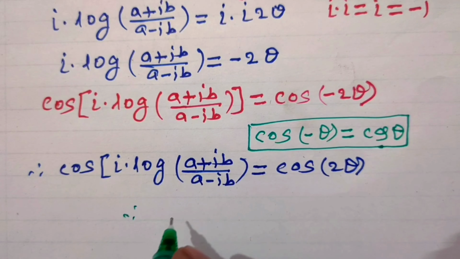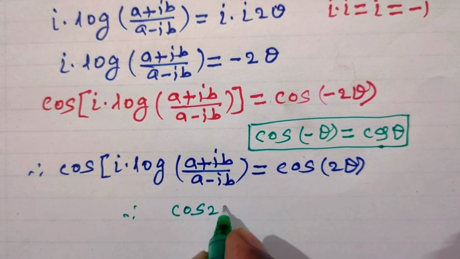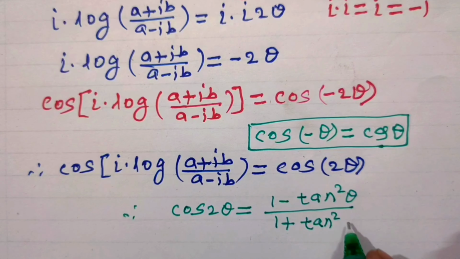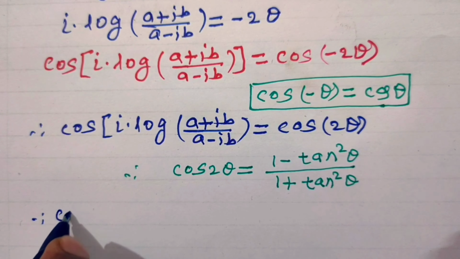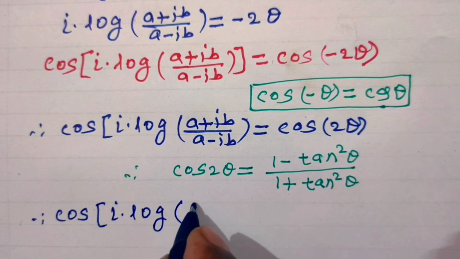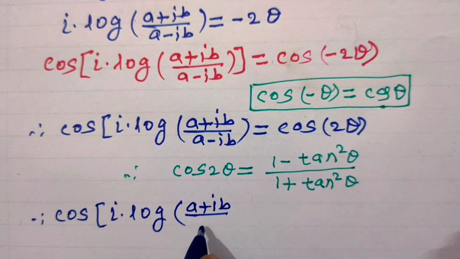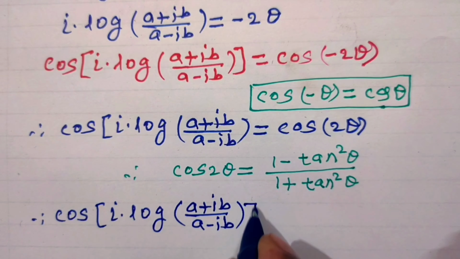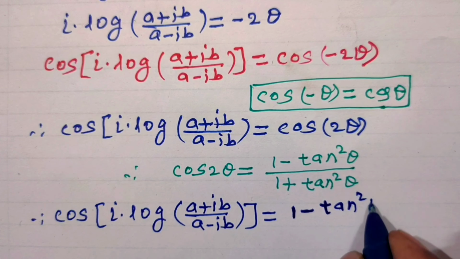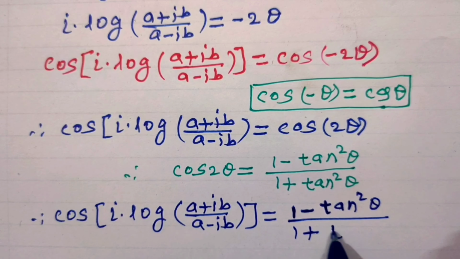Since cos 2 theta, in terms of tangent ratio, can be written as 1 minus tan square theta divided by 1 plus tan square theta, hence cos of (i into logarithm of (a plus ib) divided by (a minus ib)) is equal to 1 minus tan square theta upon 1 plus tan square theta.